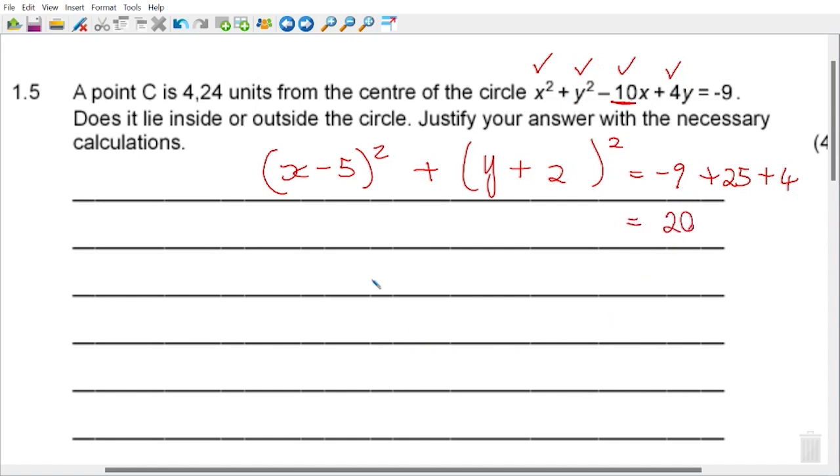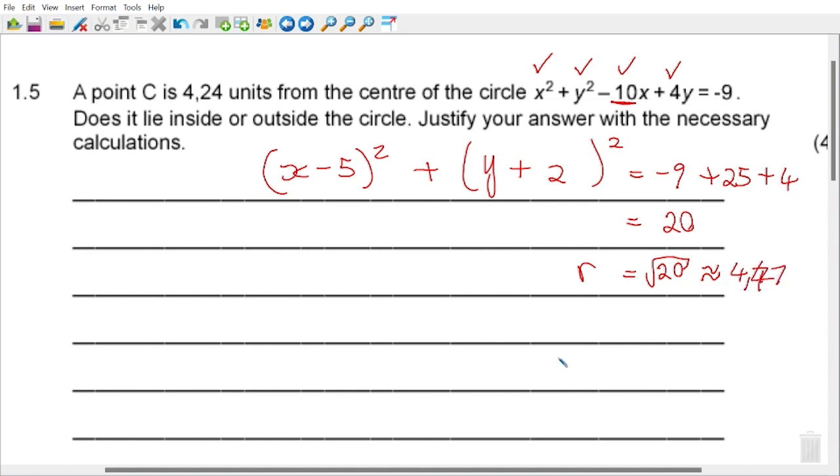So I know the center of the circle, and I know the radius. And I now know that this point C is 4,24 units from the center of the circle. Now the radius is actually going to be the square root of 20. And when we square root 20, we get about 4,5. It's actually 4,47.